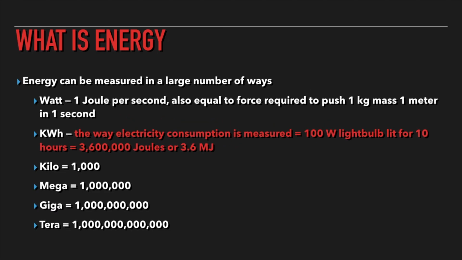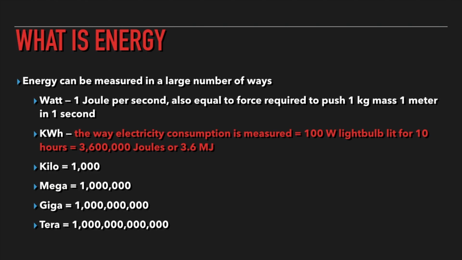So there's also the watt, which is 1 joule per second, and the kilowatt, which is how electricity consumption is measured. A kilowatt hour basically works out to the energy it takes to keep a 100-watt light bulb lit for 10 hours. And it equals over 3.5 million joules, or 3.6 megajoules.